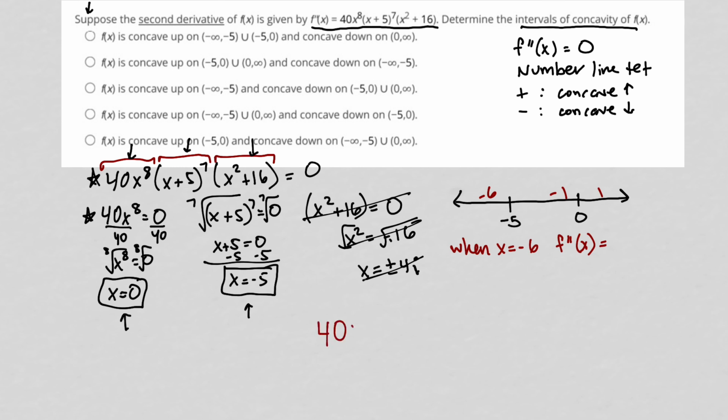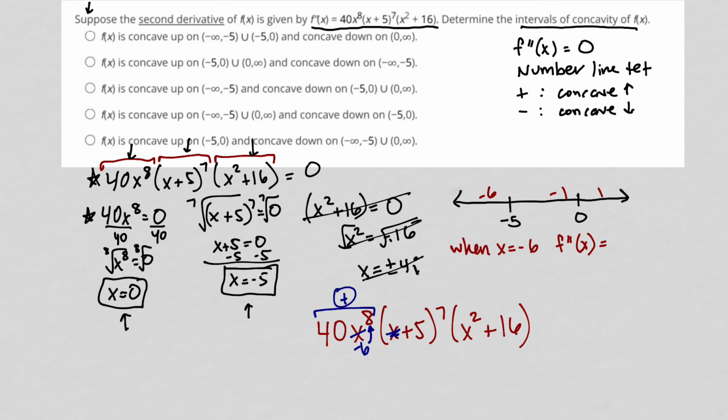Again, 40 x to the 8th, x plus 5 to the 7th, and x squared plus 16. So if I were to plug a negative 6 in for x, I'd have a negative 6 there, but negative 6 to the 8th power, or anything negative to an even power, is still going to be positive. So this whole thing is positive.